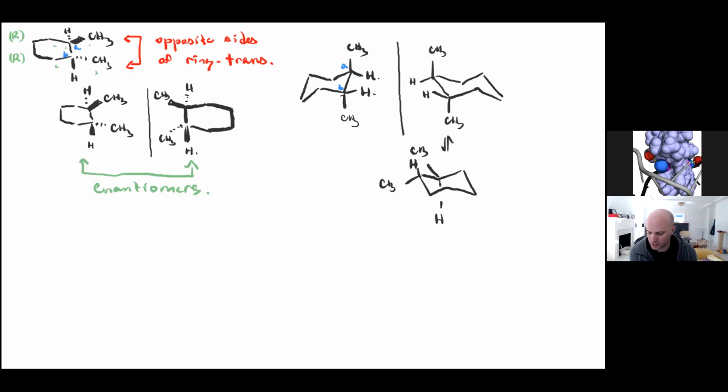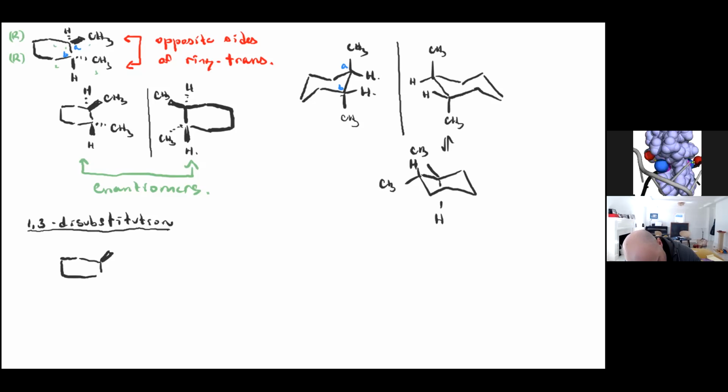And so we can extend this to 1,3 disubstitution. And there are two possible diastereomers.